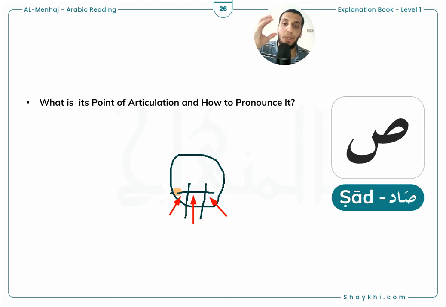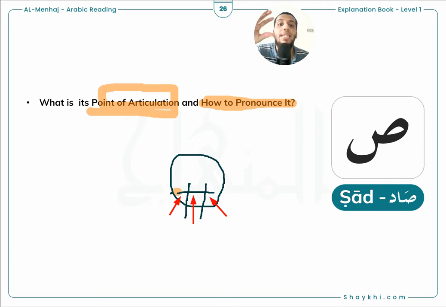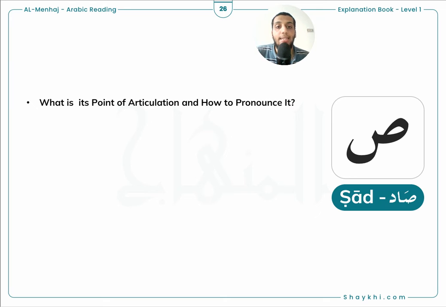If you remember this description, this point of articulation and this way of pronouncing, we said exactly the same when we explained letter Sin, and letter Zay before it.